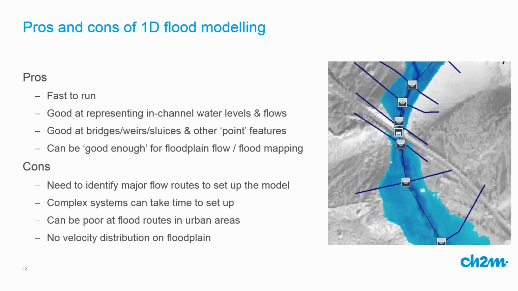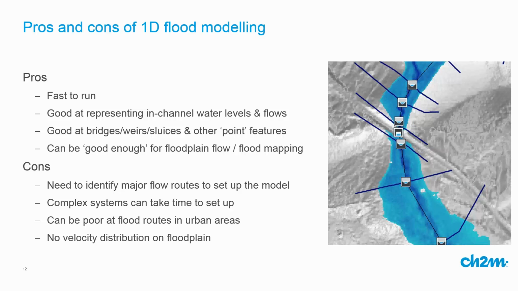1D flood modelling is relatively straightforward in that we represent the in-bank channel and the floodplain. We put in other units to represent things like bridges. Because it's using these sort of 1D equations, it's relatively fast to run. You can run very long periods of time, you can run 30 years of real time and model that in, I don't know, half an hour of computer time.